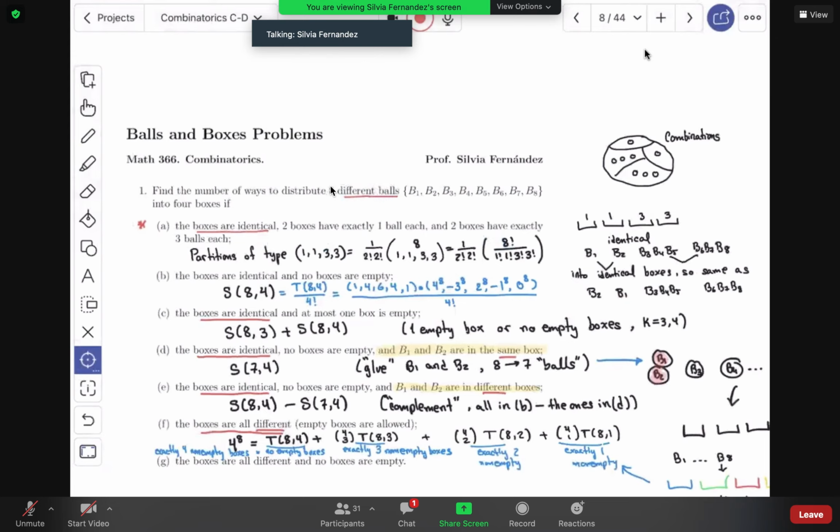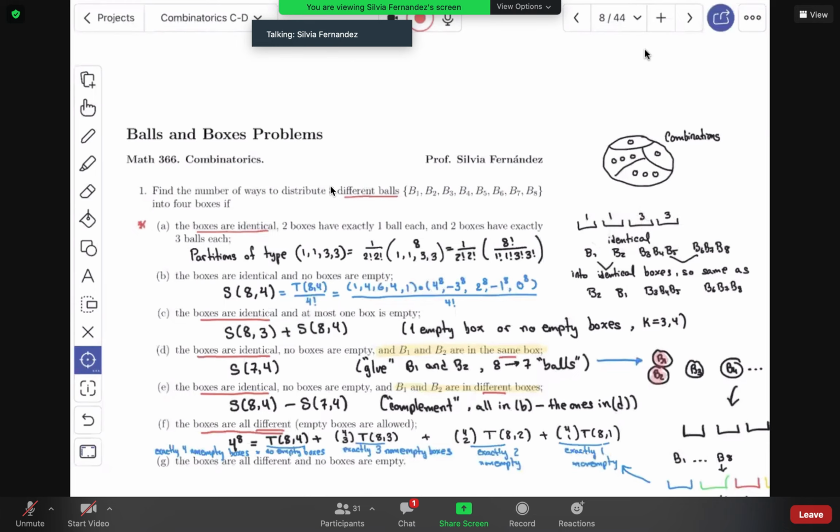Imagine for a second that the boxes are different. So you need to choose, because we wanted to have this type of partition: 1 ball in one box, another one in another box, 3 in another box, and 3 in another box.